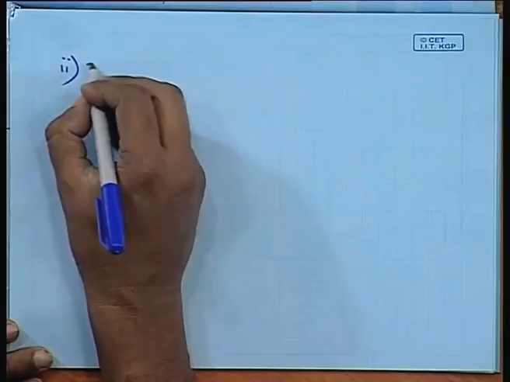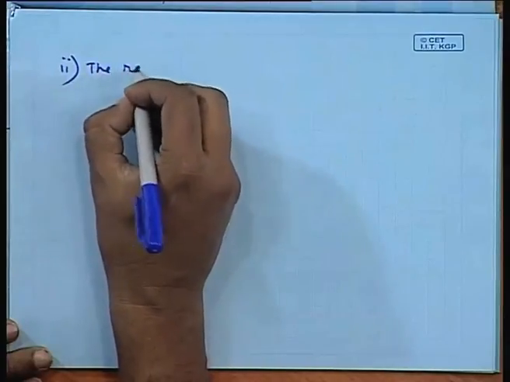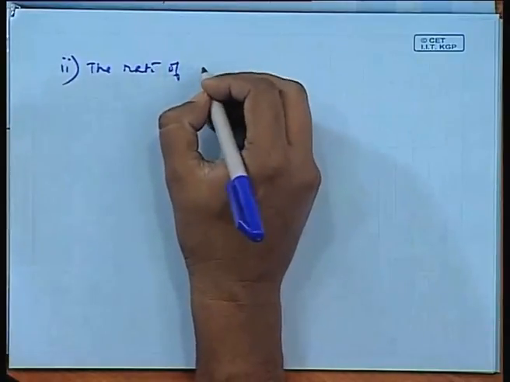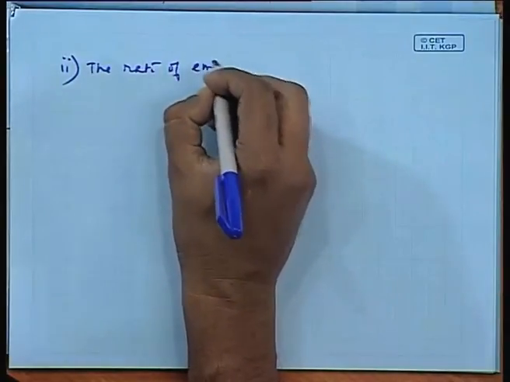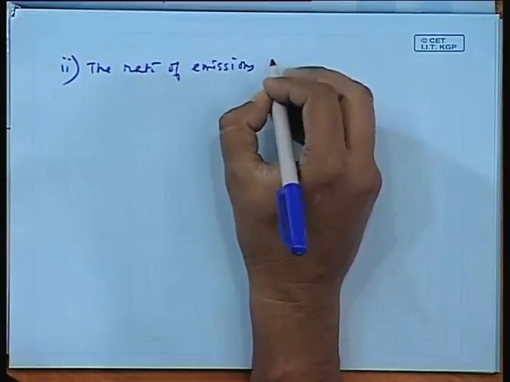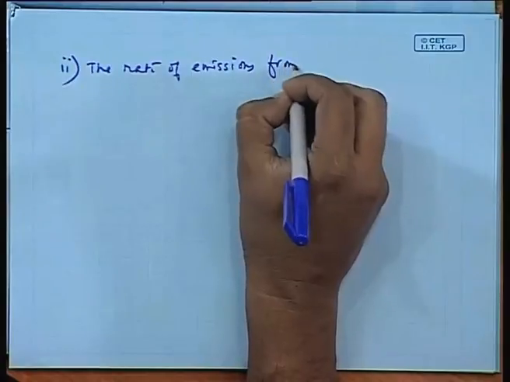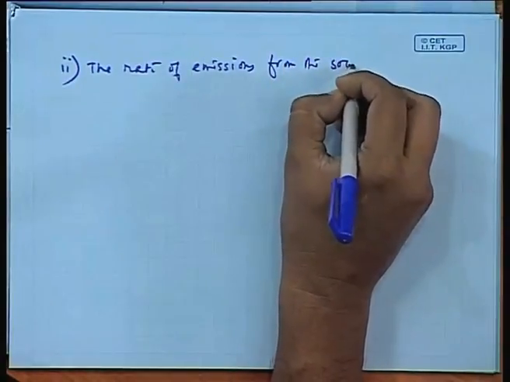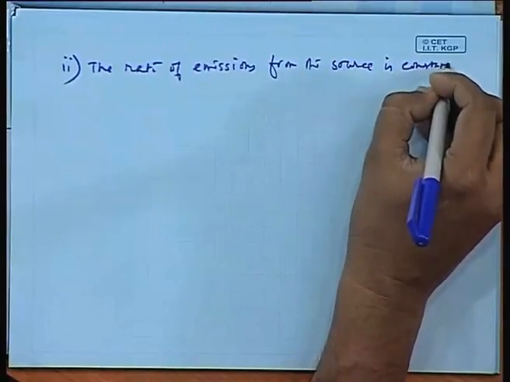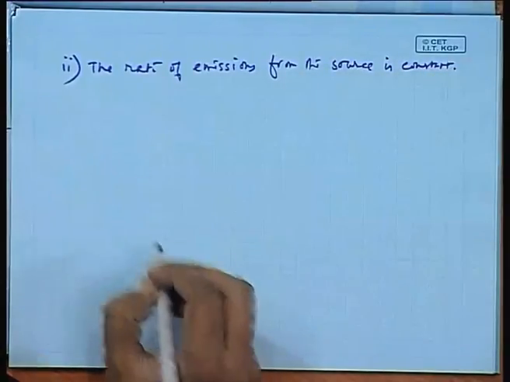Number two: the rate of emissions from the source is constant.